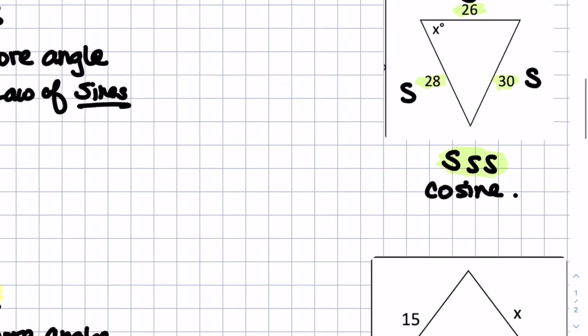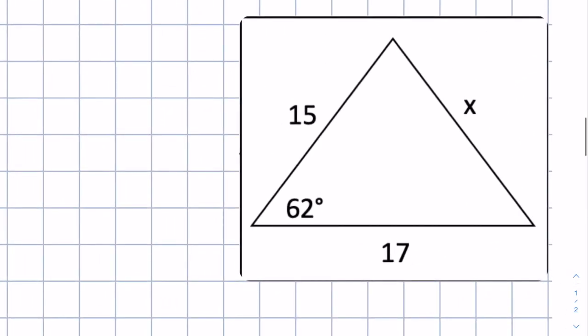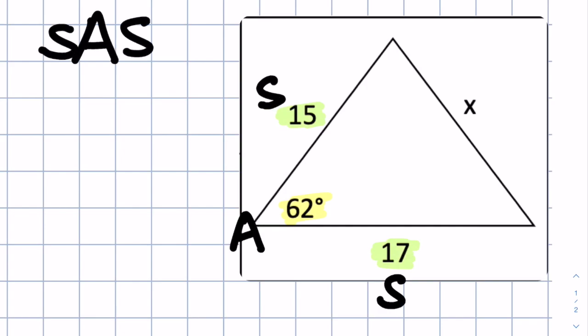And then if we had this one down here, notice that we have a side, another side, and an angle stuck in between, so that would be what we call side, angle, side. Again, we ask ourselves, do we know more angles or more sides? It looks like we know two sides, but only one angle. So that would be cosine law.